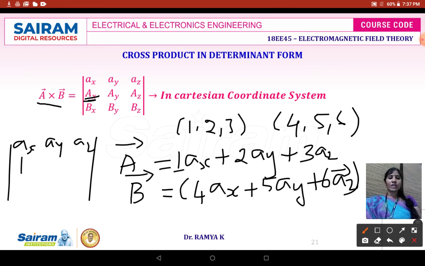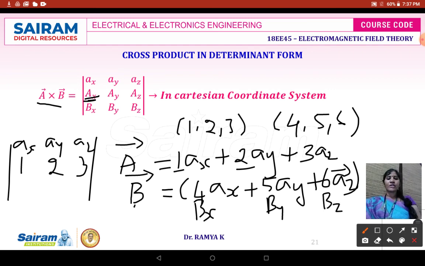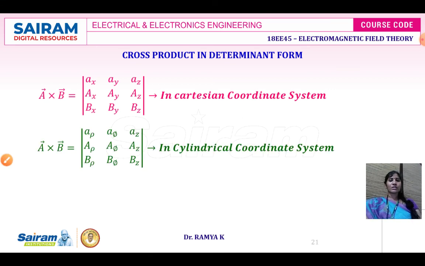The constant for ay is 2. The constant for az is 3. Same in the b vector: this is your bx, this is your by, and this is your bz, so I write 4, 5, 6. This is how we identify the cross product in determinant form for a Cartesian coordinate system.